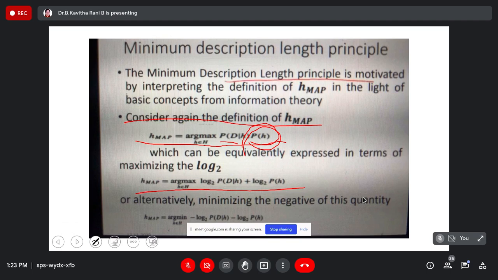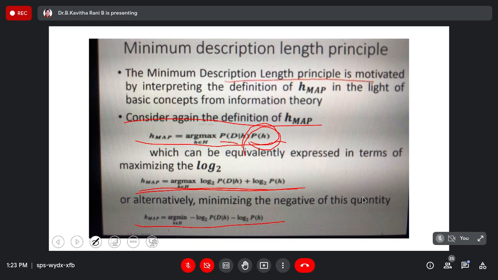Okay, log use చేస్తే ఏమవుతుందంటే డేటా అనేది మినిమైజ్ అవుతుంది. So we are using log here. Alternatively, log, when we are using it, minimizes the negative quantity. For the formula we are using log.